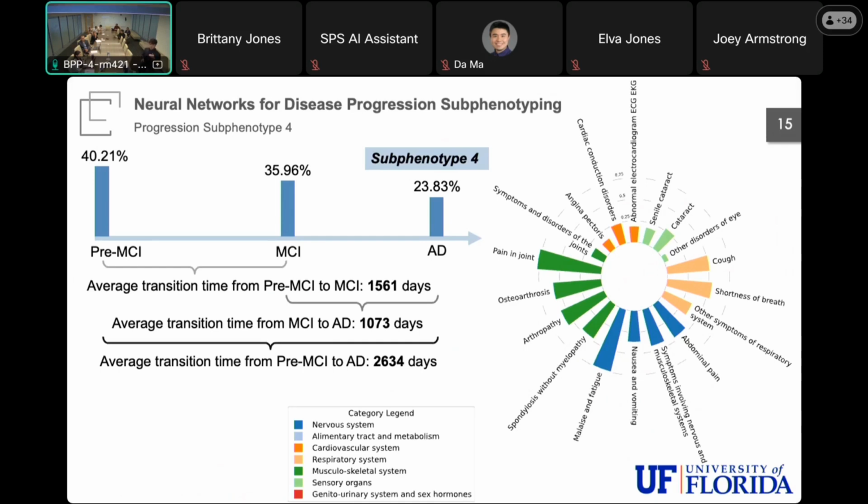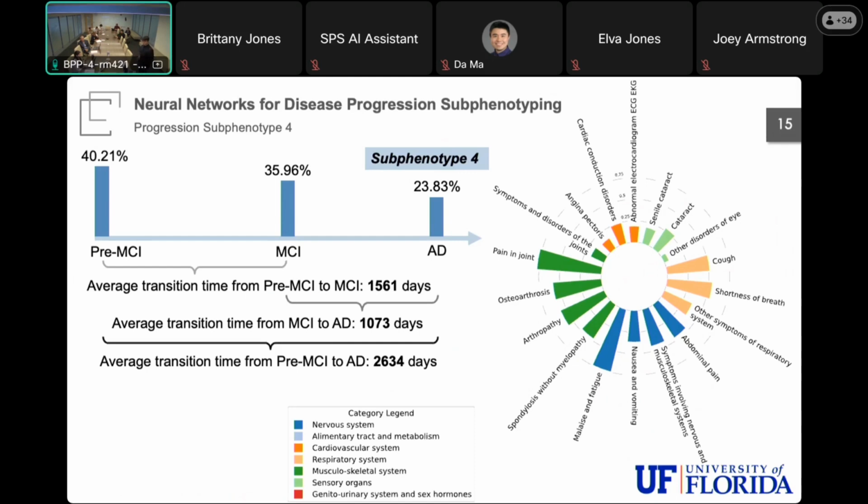However, the transition time in this subphenotype is much slower than subphenotype 3. The average time from pre-MCI to AD is 2,600 days. Now, this information tells us that there are different progression patterns in Alzheimer's disease if we can appropriately analyze the real data.